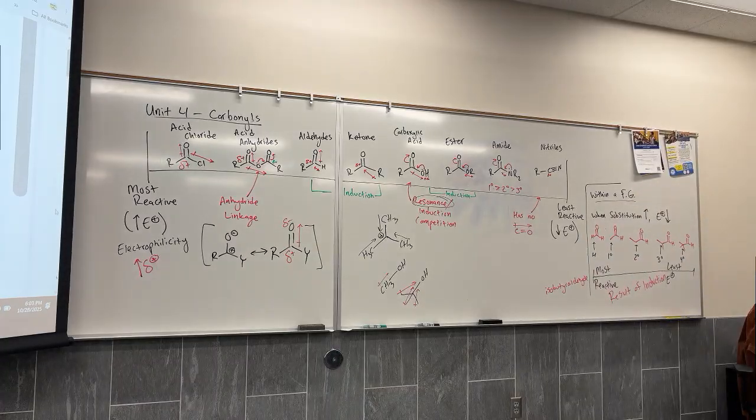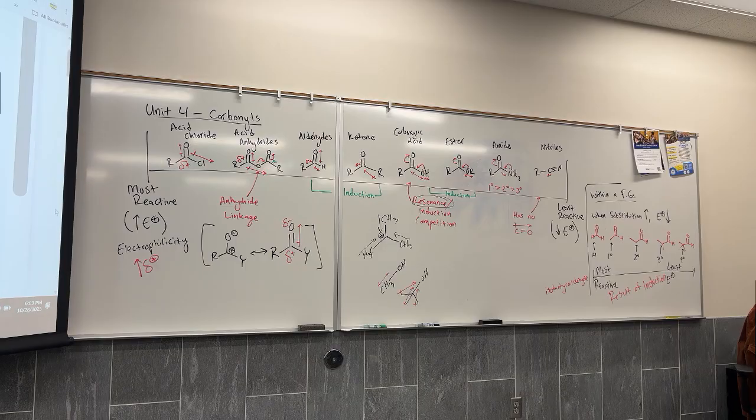It's kind of very clear right now. How would you rank those two? I would say that this one has more resonance, and this one has less resonance. This actually has a double bond that can share electrons with the oxygen. This has no resonance.